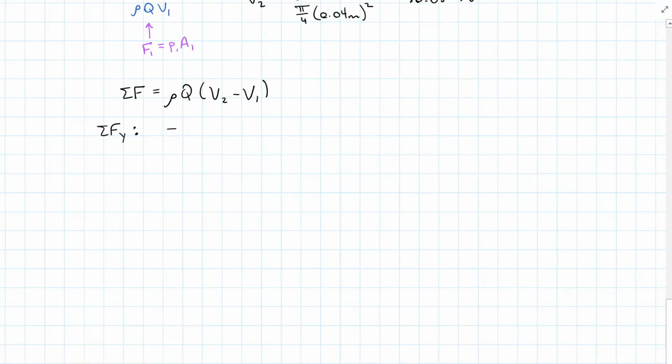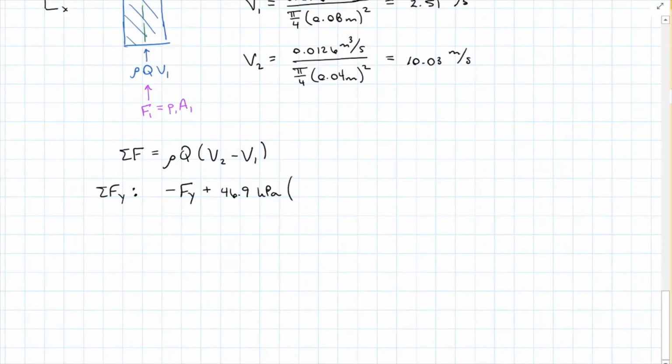So we have our reactionary force Y that I've got drawn down, so it's going to be subtracted, plus force 1, which is the pressure times the area. So that is the given 46.9 kilopascals times the incoming area, pi over 4 times 0.08 meters squared.